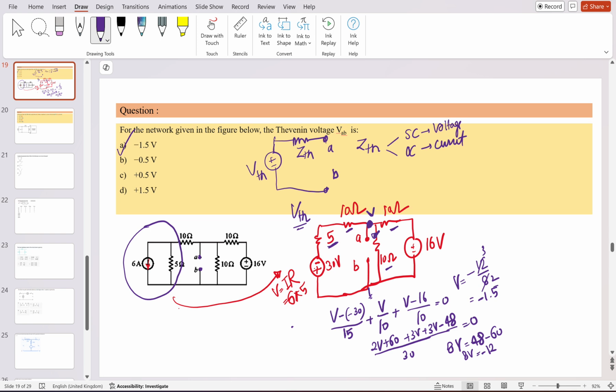Yeah, the 16-volt loop. Yes, you can apply. You can apply KVL in this using the loop. Yes, you can apply the KVL also. You can apply the KCL also, depending upon what comes to your mind first. You can use any of the methods, but which method is easier and faster will come by practice only.